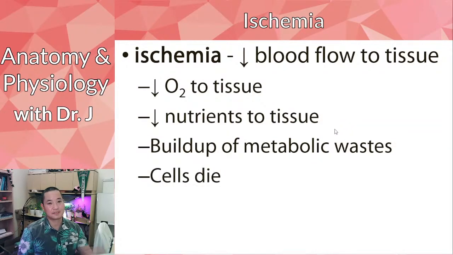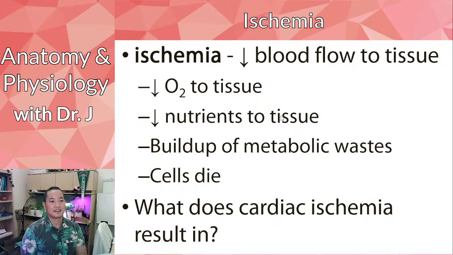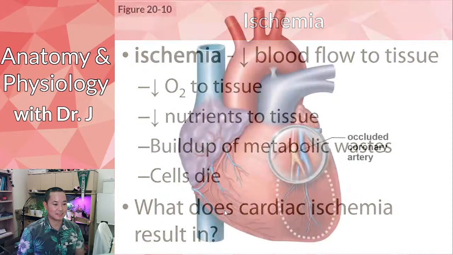So if it's prolonged for long enough, the cells can eventually die, which is going to cause your tissues and organs to die, and if it's bad enough, it could cause you to die. So this is why cardiac ischemia is very, very, very bad news, because why? Well, do you want your cardiac cells to die? Yeah, your heart is beating constantly, so if something's affecting your heart, it's going to affect your life.